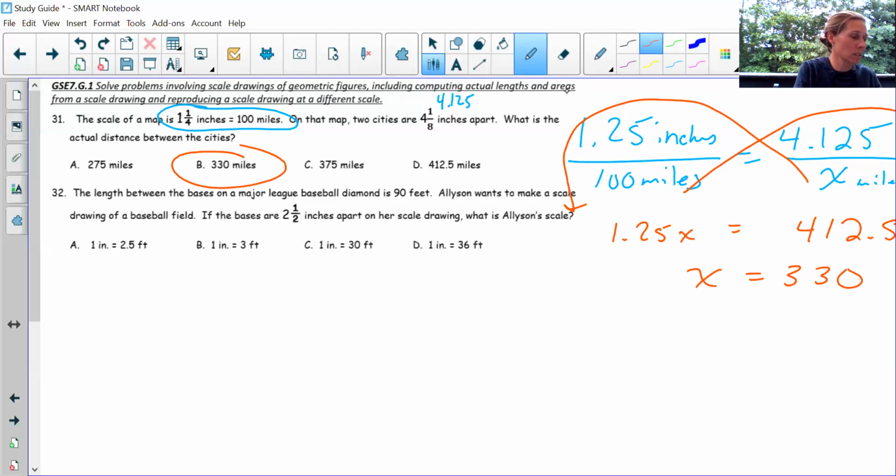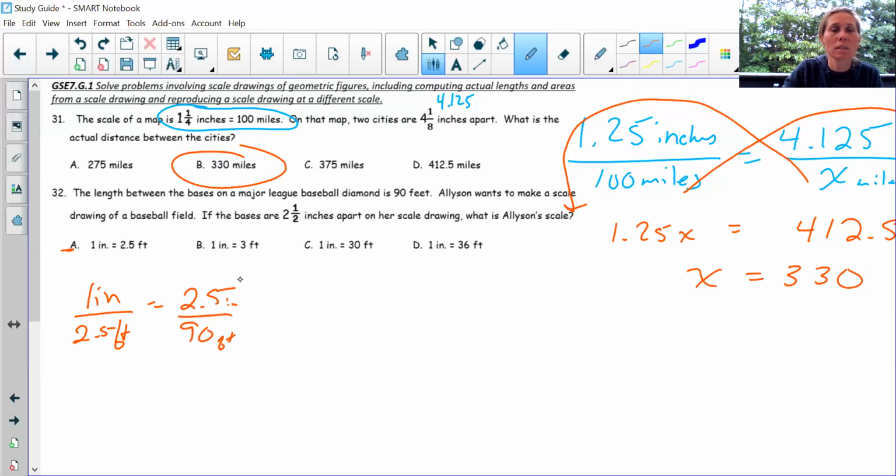All right, so let's look at this real quick. We know the bases are 2.5 inches apart. We know that the baseball diamond is 90 feet. So I need to find the other ratio that makes it proportional, that makes it equal. Let's say I've got 1 inch equals 2.5 feet, and I want to know if 2.5 inches is the same thing with 90 feet.